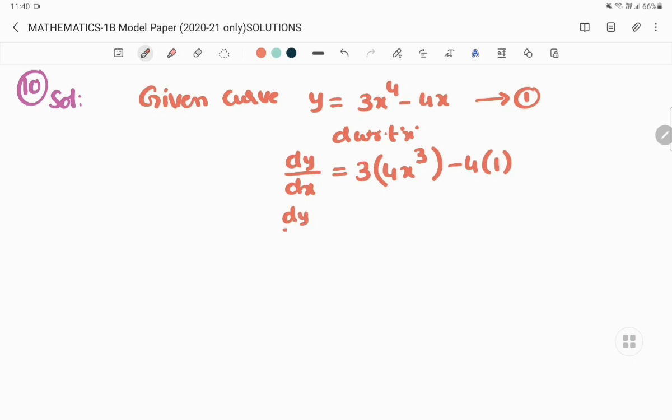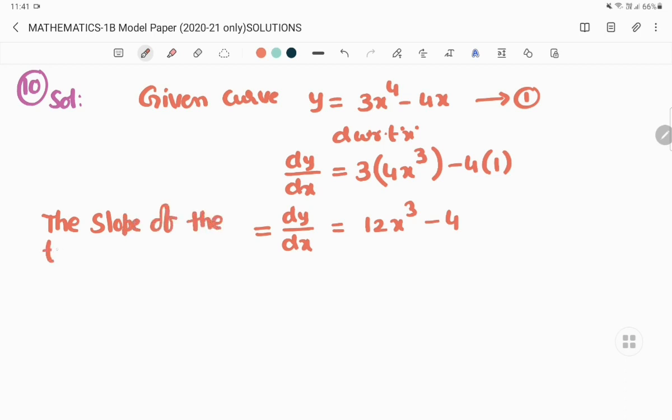So dy by dx is equal to 12x cube minus 4. dy by dx is called the slope of the tangent or slope of the curve. That is also equal to the slope of the curve.